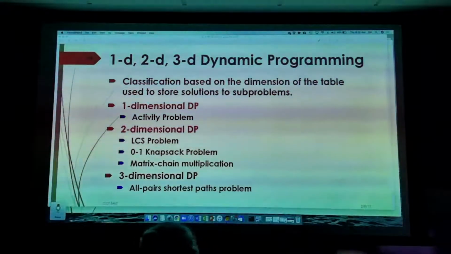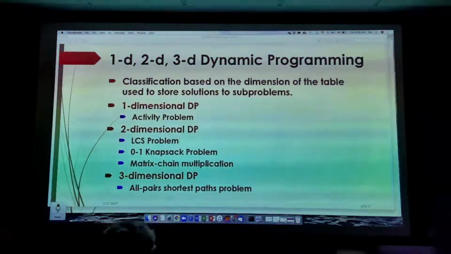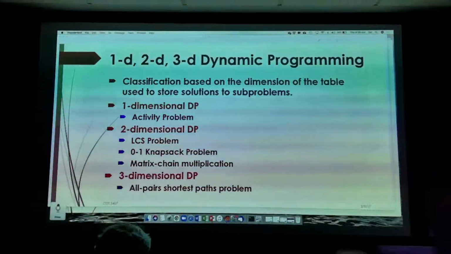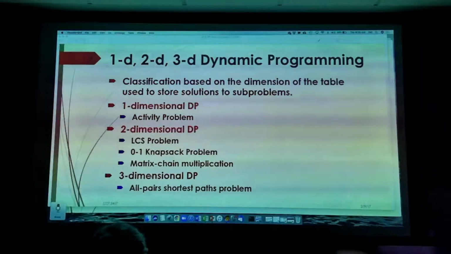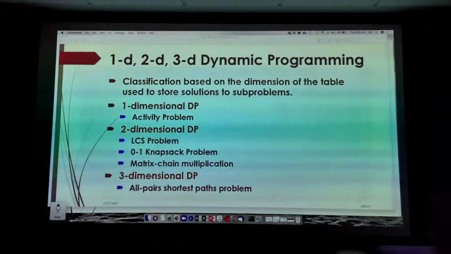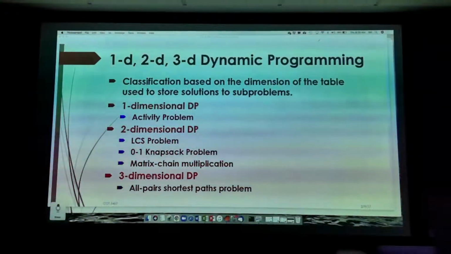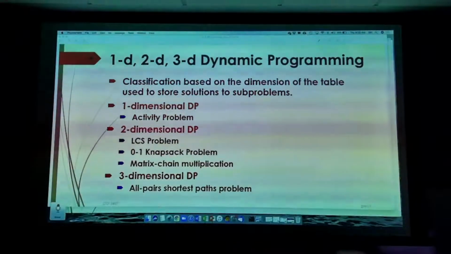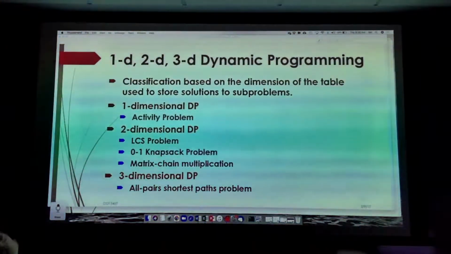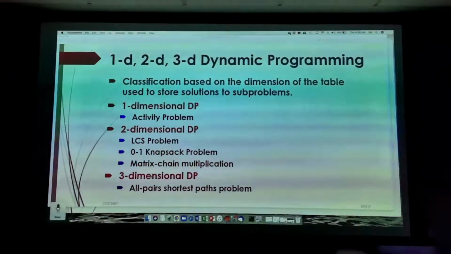Now, dynamic programming can be quite simple. There are simple problems that can be solved using dynamic programming, and then it can get progressively harder. One way that I have used to look at these problems is as one-dimensional, two-dimensional, three-dimensional, and even higher-dimensional dynamic programming.